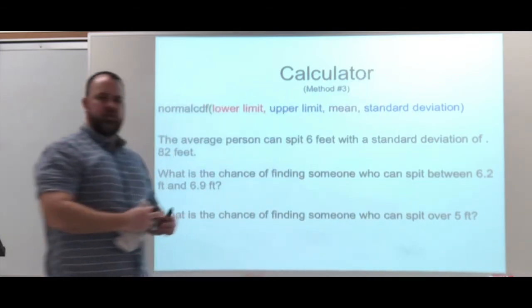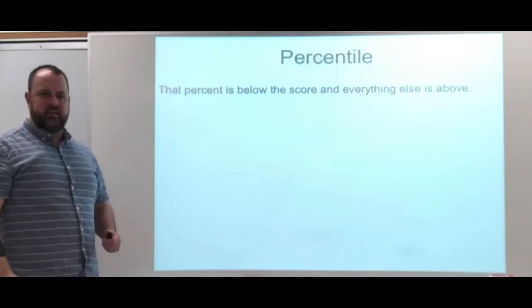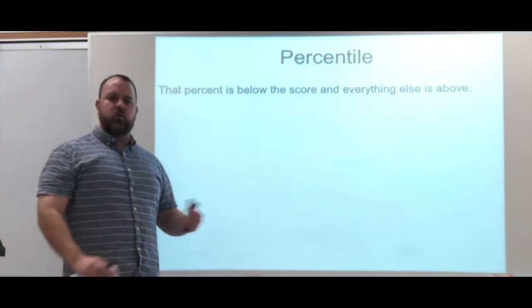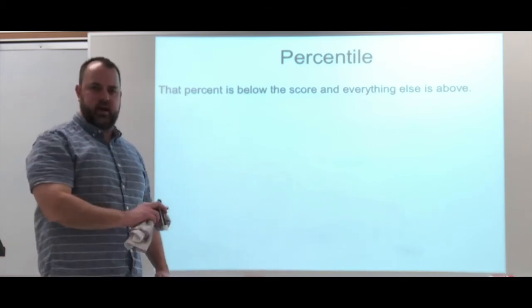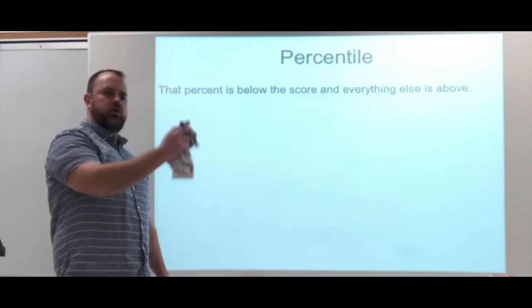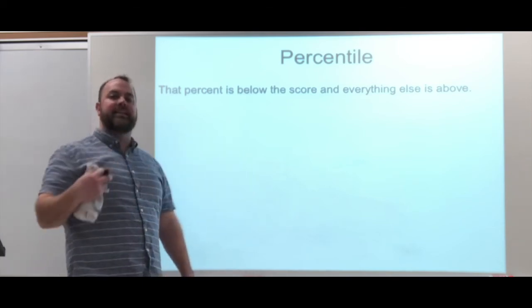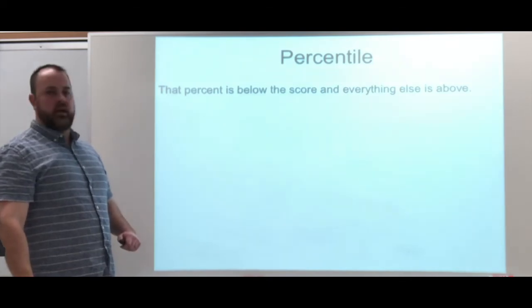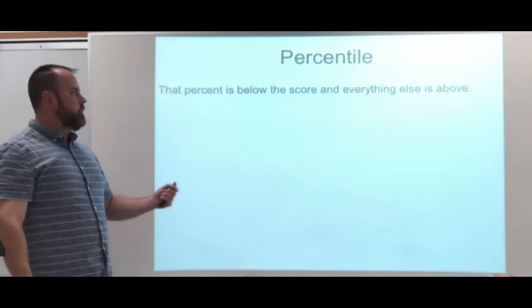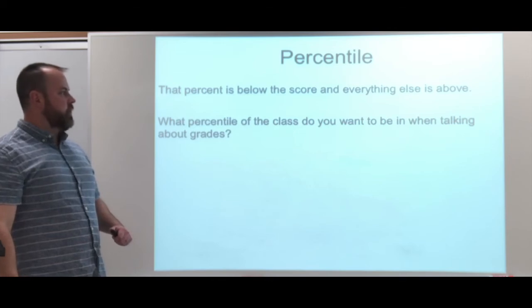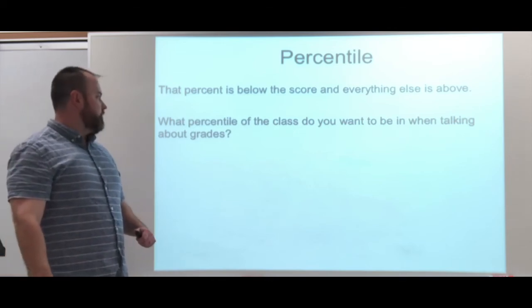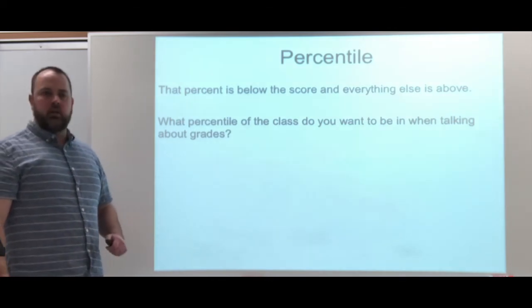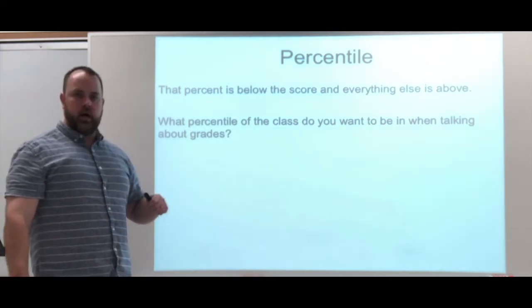And the one last thing I want to talk about is percentiles. We talked about them quickly when we looked at z-score. That chart gave us our percentile. For the z-score, you looked at the chart and that was from that probability down. The percent is below the score and everything else is above. So if we're looking at what percent of the class you want to be in when talking about grades, you want to be in the high percentile.